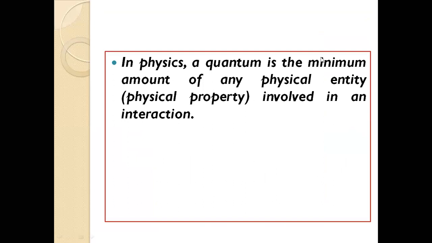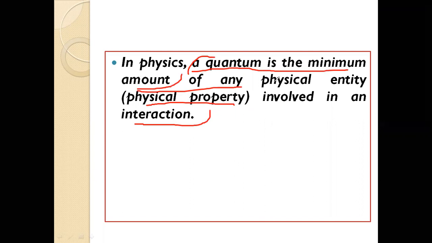In physics, the quantum is the minimum amount of any physical entity that may be a physical property too involved in an interaction. So quantum is the minimal amount of any physical entity, right?